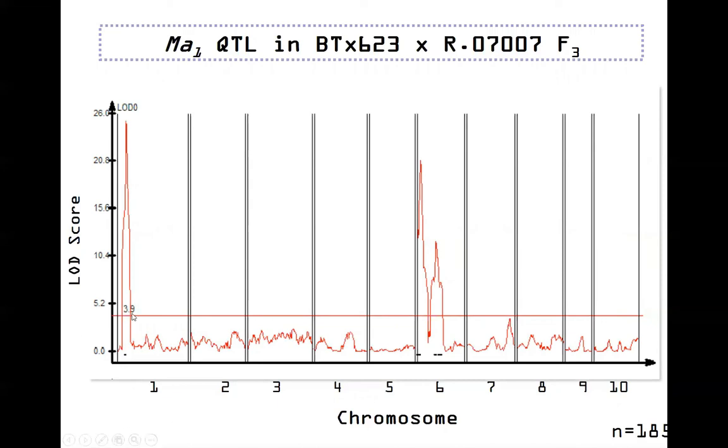The threshold that we're looking at here is a threshold that we set. Anything above that is likely to be an area that caused a phenotype. So what we're saying with this log of odds score is that this is an area that is responsible for the phenotype that we see.